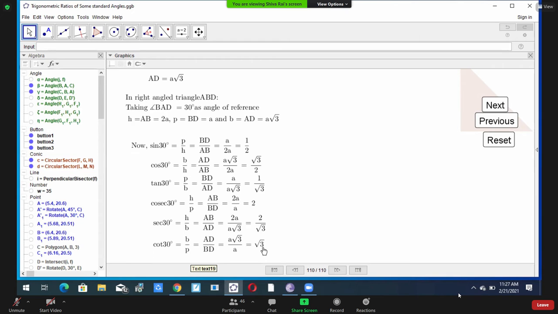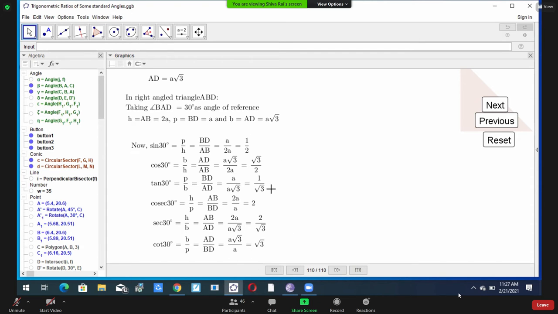Values of fixed trigonometric ratios for 30 degree. Sin 30 degree equals half, cos 30 degree equals root 3 by 2, tan 30 degree equals 1 by root 3, cosec 30 degree equals 2, sec 30 degree equals 2 by root 3, cot 30 degree equals root 3. All these things we have to remember. If you have some idea, you can remember.